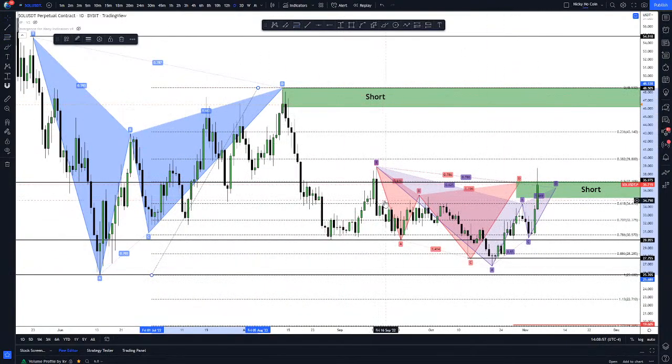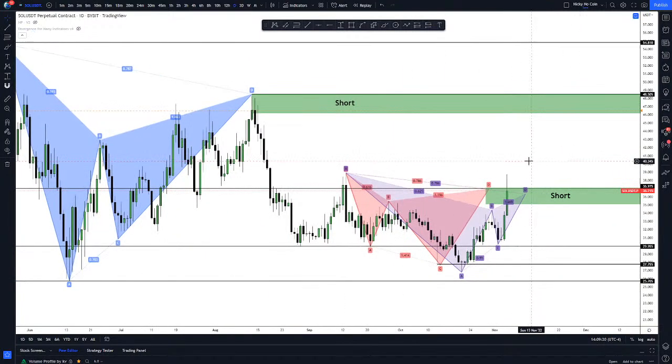First take profit would have been your 618 right here, and then you would have had your 786, which would have been right here. So you would have taken your profit and gotten out of your short, which is what we did, and then looked for the 886 for a potential reversal, 786 and 886. So we hit the 886 right around 28 bucks, and then we completely reversed.